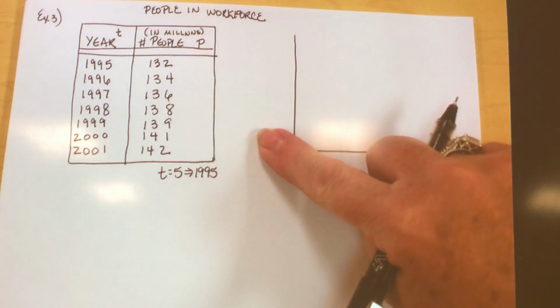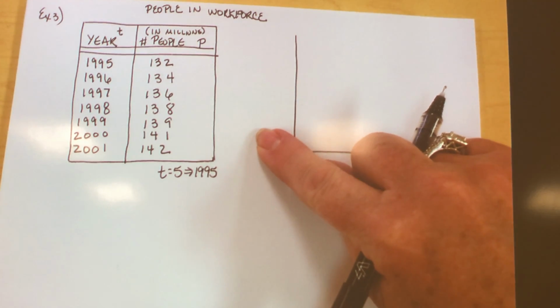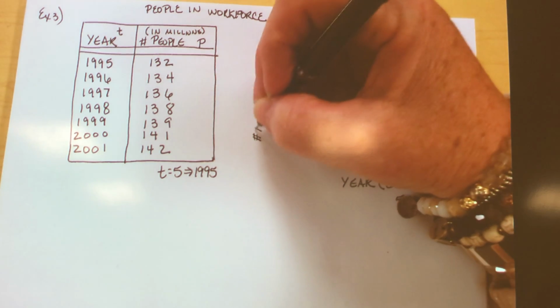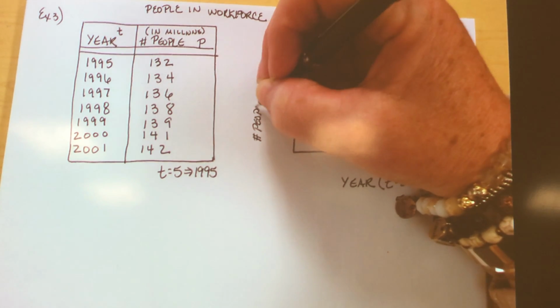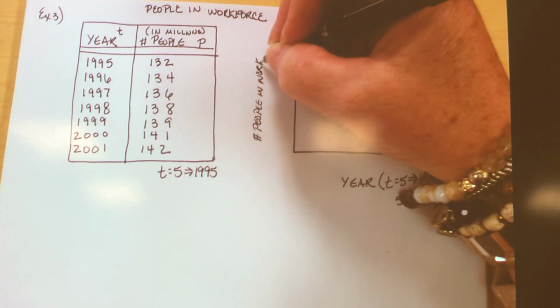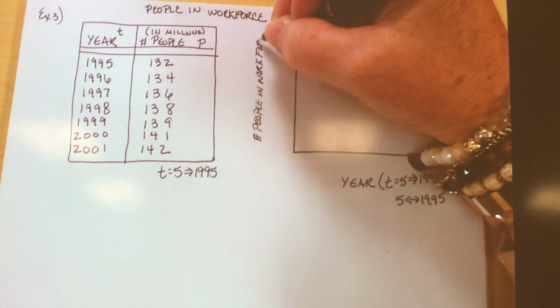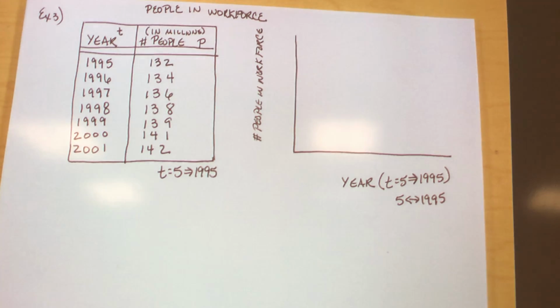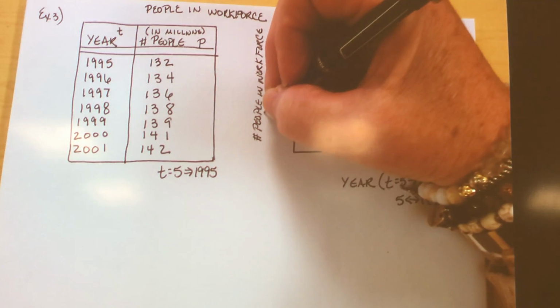What about my y-axis? Number of people in the workforce. Anything else I need? In millions. If you don't put in millions, they're like, wow, come on.